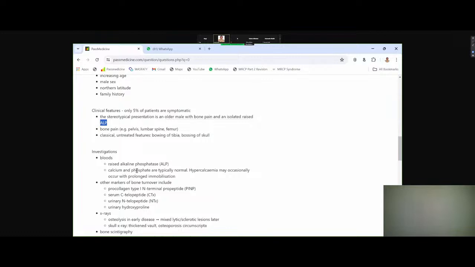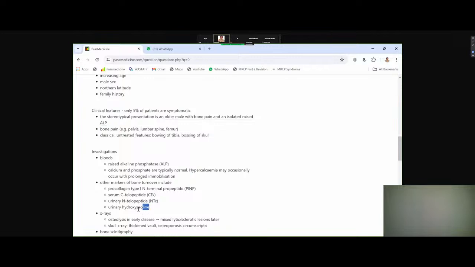Investigations: blood shows raised ALP, with calcium and phosphate typically normal. Hypercalcemia may occasionally occur with prolonged immobilization. Other markers of bone turnover include procollagen type 1 N-terminal propeptide (PINP), serum C-telopeptide (CTX), urinary N-telopeptide (NTX), and urinary hydroxyproline.